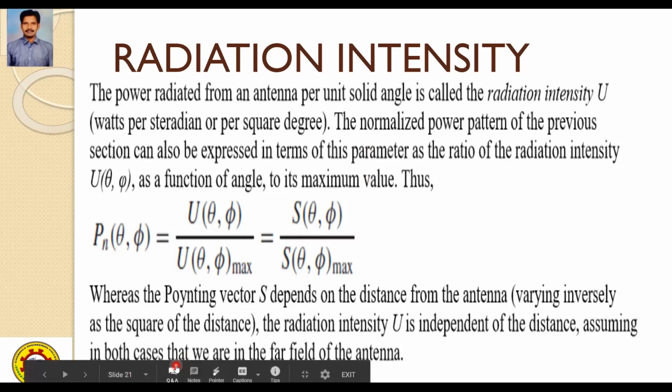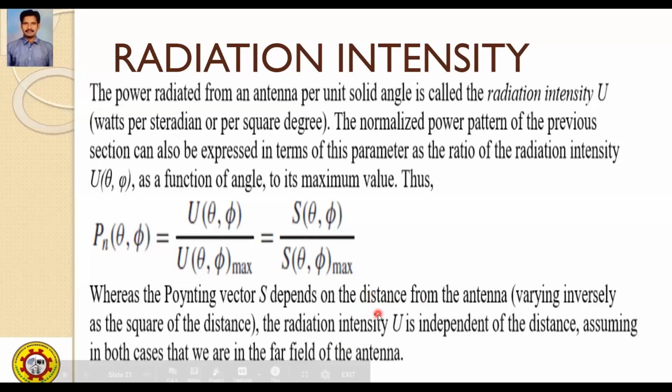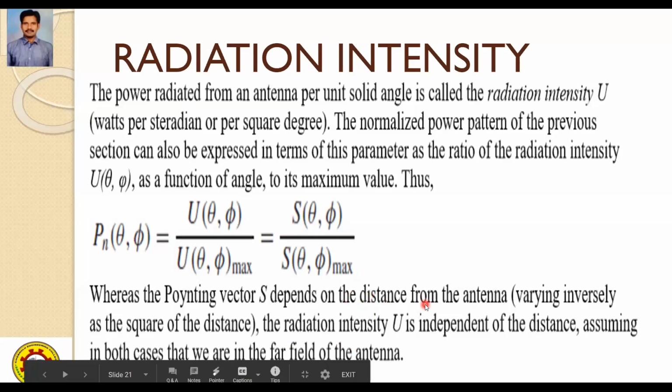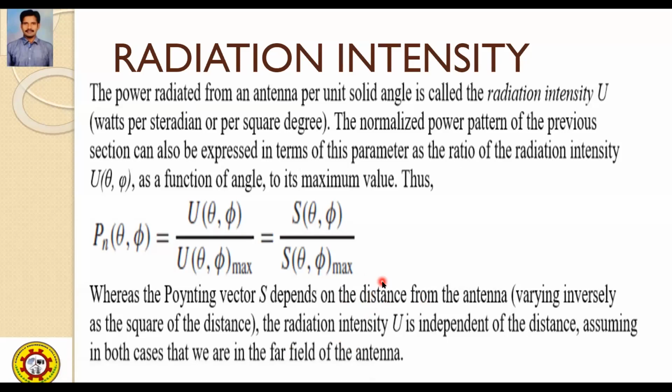The Poynting vector depends upon the distance from the antenna, whereas radiation intensity is independent of the particular distance where the far field criteria are available.